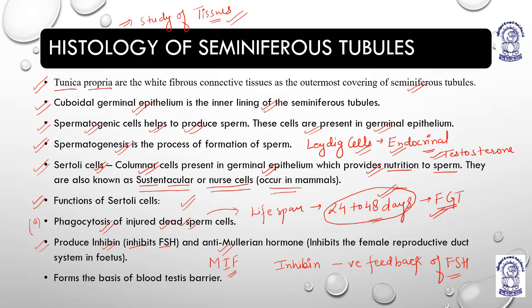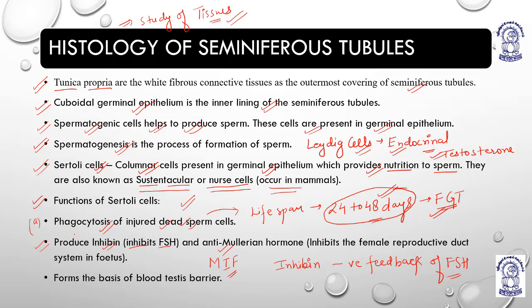This Mullerian inhibiting factor inhibits the formation of the female reproductive duct system in the fetus. So to prevent the formation of the female reproductive duct system in the fetus, this hormone is secreted with the help of Sertoli cells.